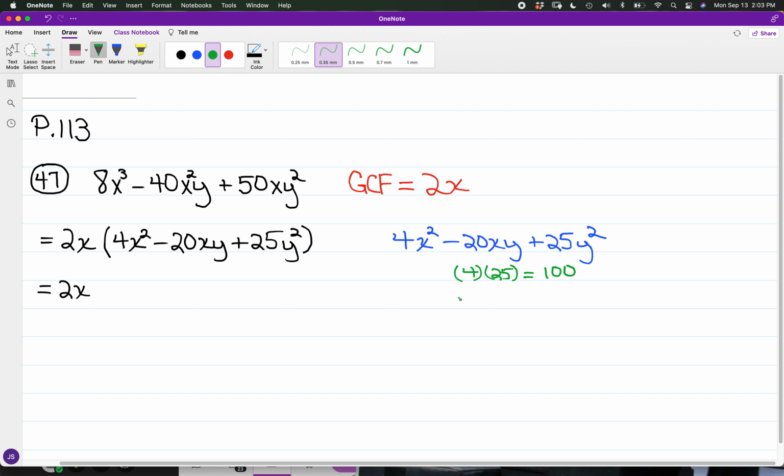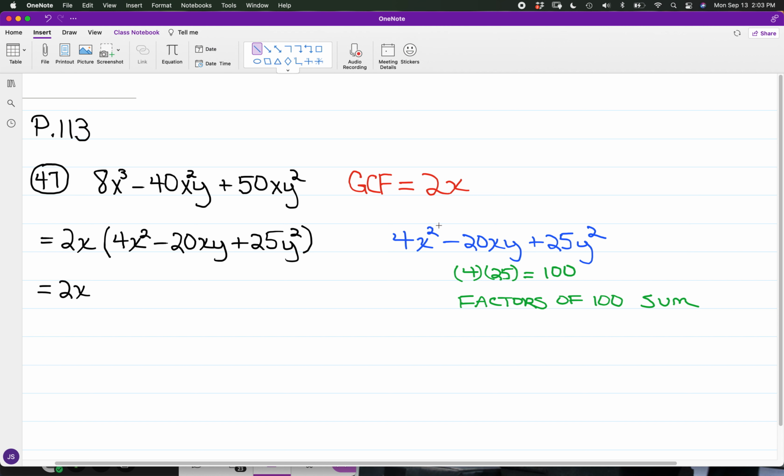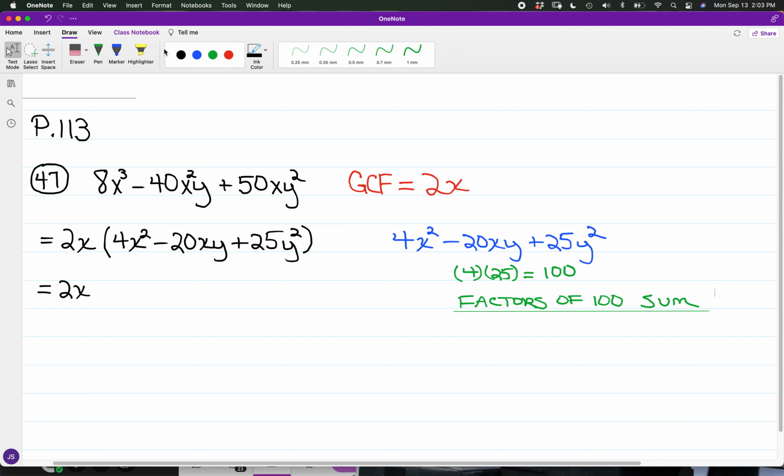Now we look at factors of 100 that will add up to the middle coefficient, minus 20. Multiplying 4 and 25 gives the product 100, but those values add up to 29.